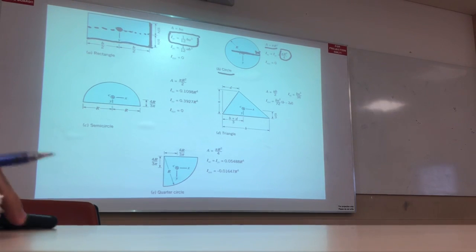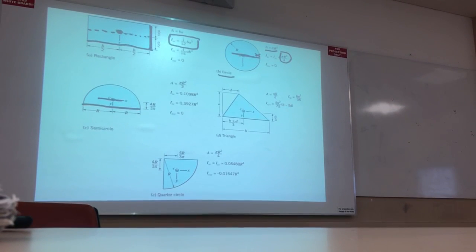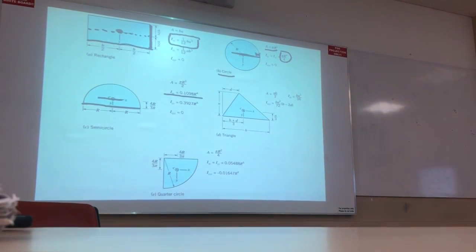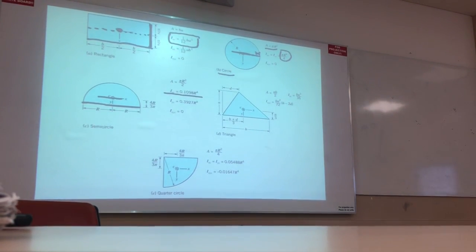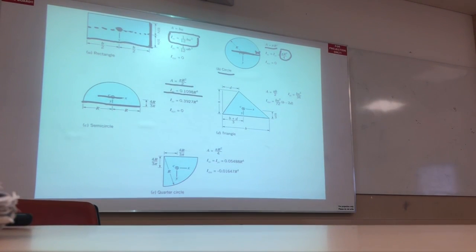For the semicircular shape, this is the rotating axis. So IXC is 0.1098 r power 4 and area is pi r square by 2, and the distance y is 4r by 3 pi.